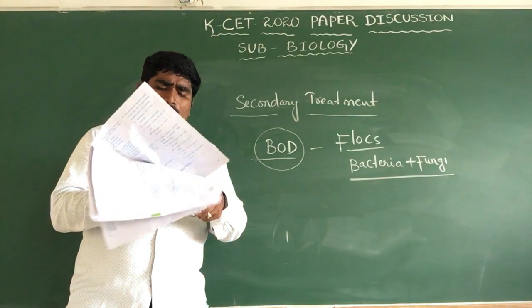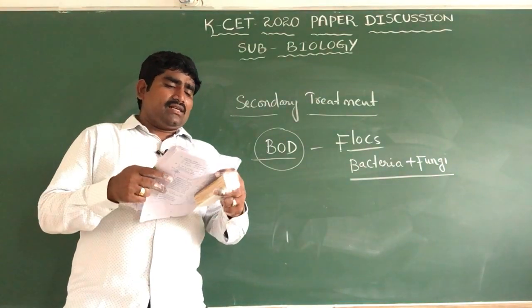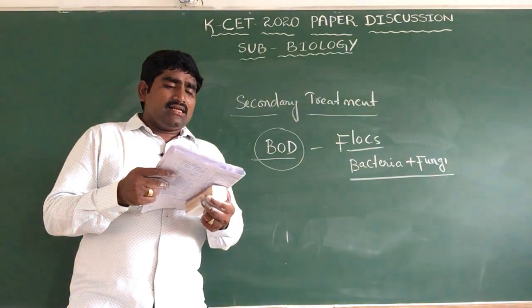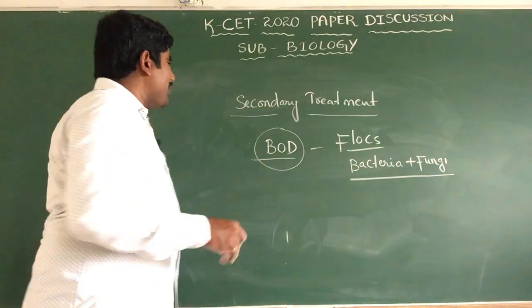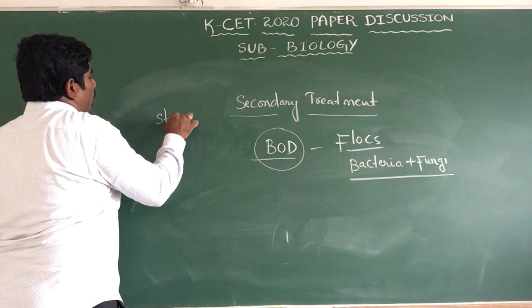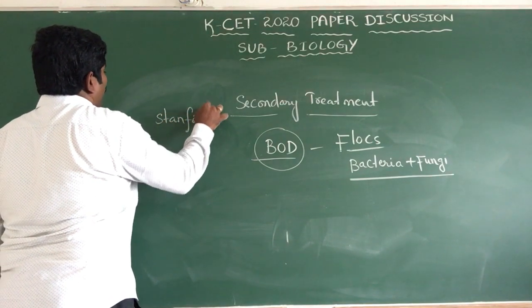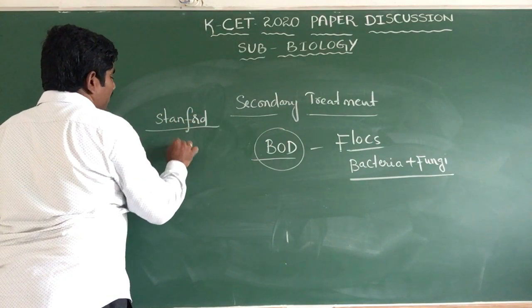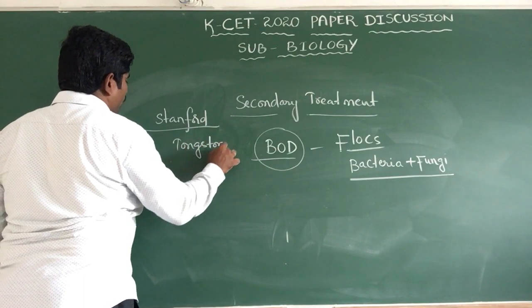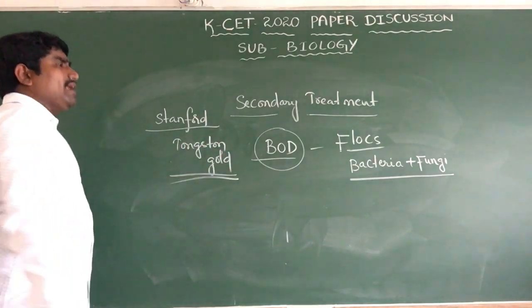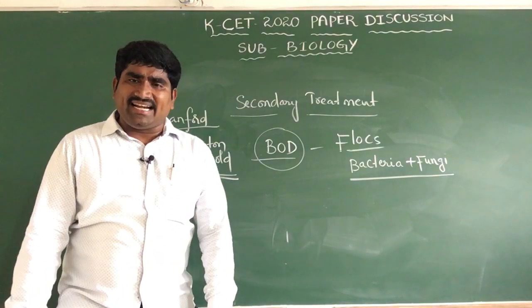Next one is, the biolistic method is suitable for gene transfer into which organisms? The biolistic method was discovered by Stanford, and in this method tungsten and gold particles are used as bullets, coated with the desirable DNA.